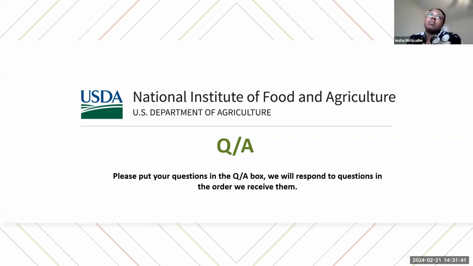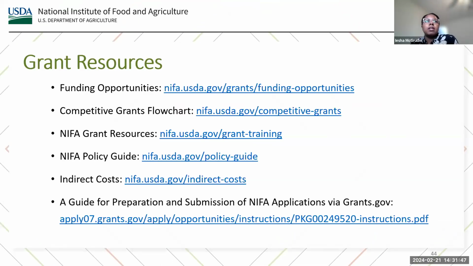All right, so the first question is, we are starting a farm with a nonprofit that serves blind and low vision. Is this the appropriate program for our farming endeavors, or are we better served under a different program? They are serving blind and low vision people.